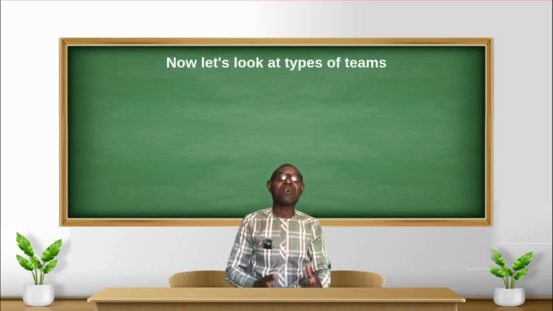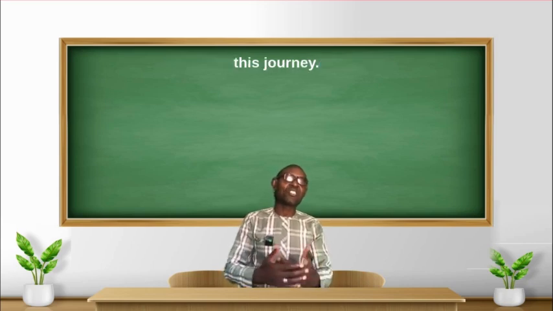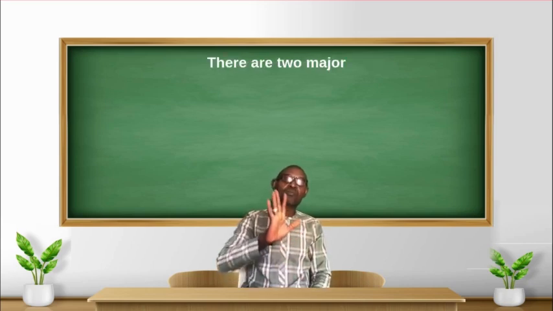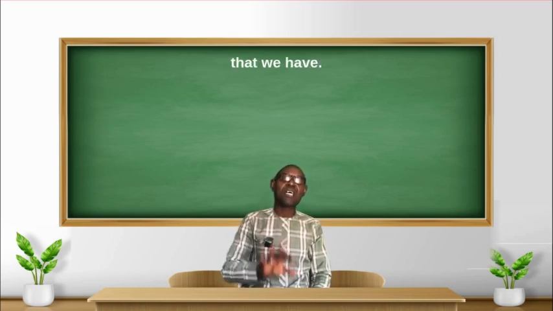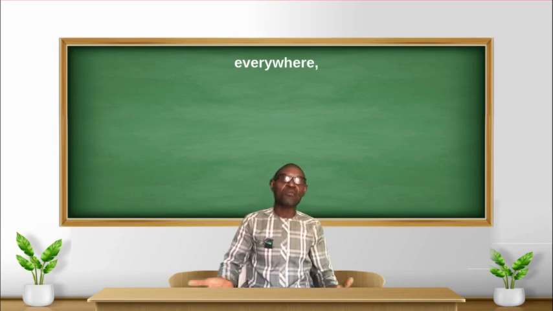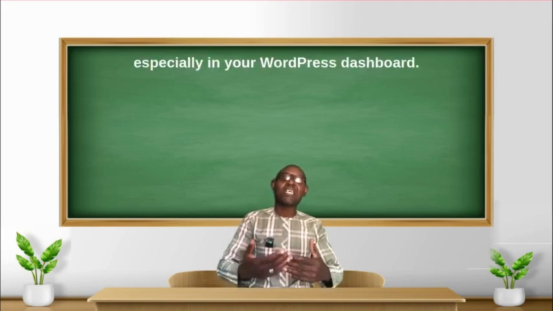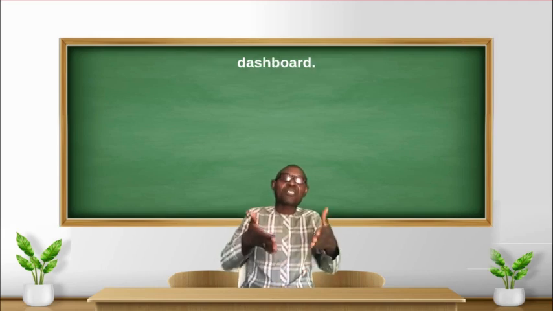Now let's look at the types of themes that you will see in this journey. There are two major theme categories. One of them is a free theme. A free theme is available everywhere, especially inside your WordPress dashboard.